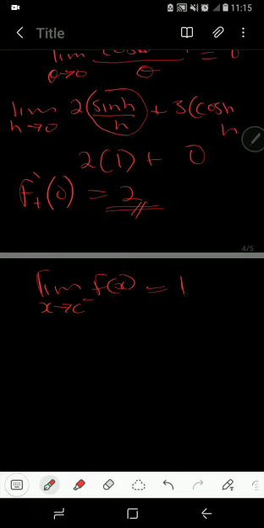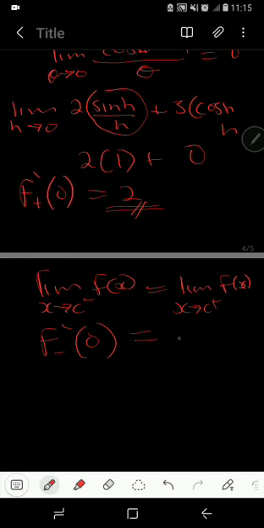Going back to our rule, the way I introduced you to this question, I said the limit as x approaches a certain constant of the function should be equal from the left and from the right. So the left derivative at 0 should equal the right derivative at 0, which means a will equal 2.